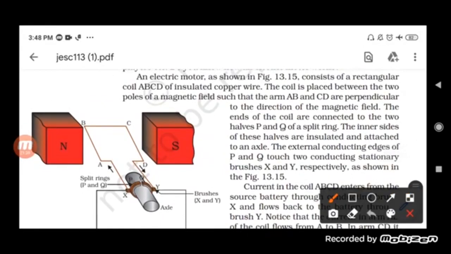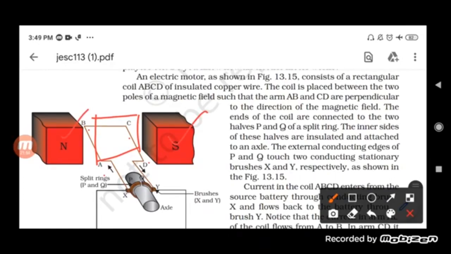Students, it consists of a rectangular coil A, B, C, D, and this coil is insulated copper wire. It is placed between a magnetic field, and the magnetic field is produced by two poles of a magnet, one the north pole and the other the south pole.